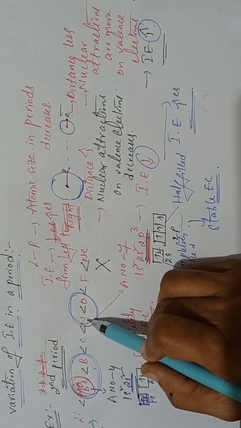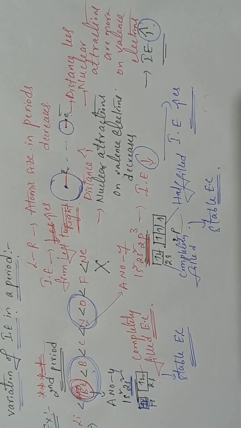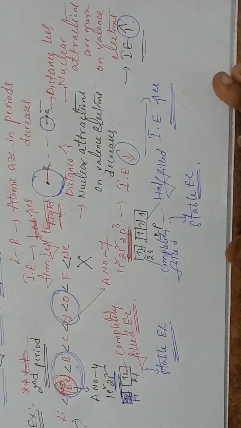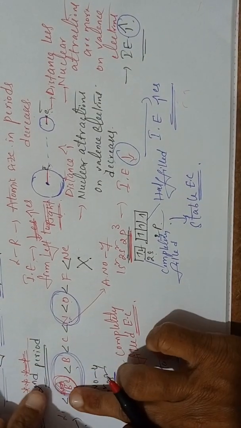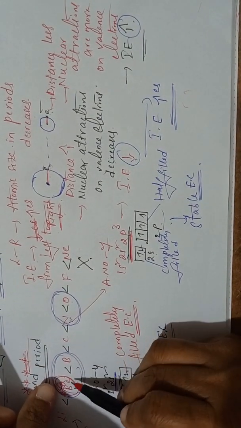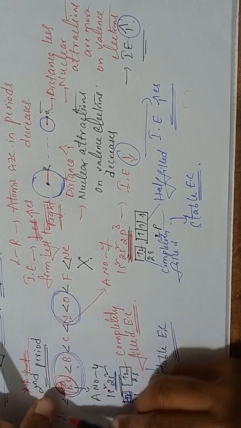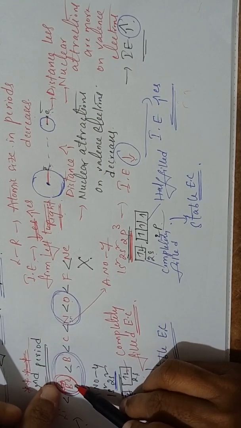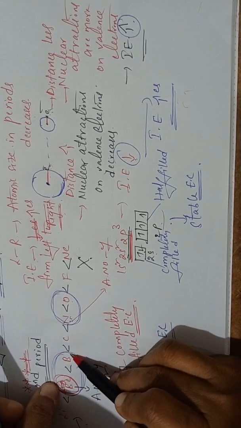Are you clear? So what is the final order, students? What can we write as the final order? Boron comes before beryllium, because beryllium has the more ionization energy than boron.